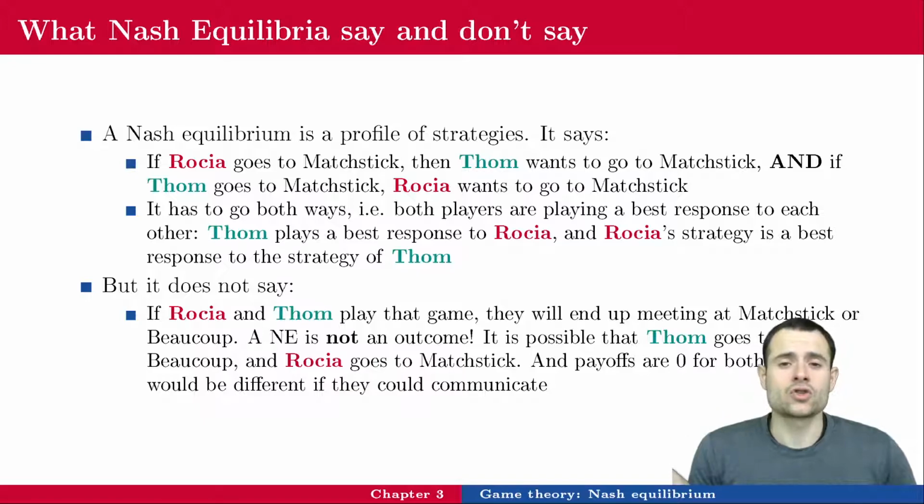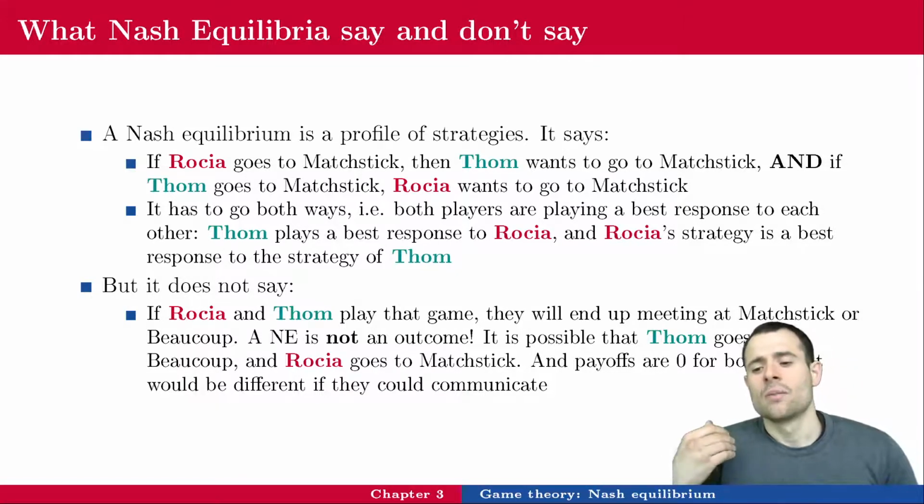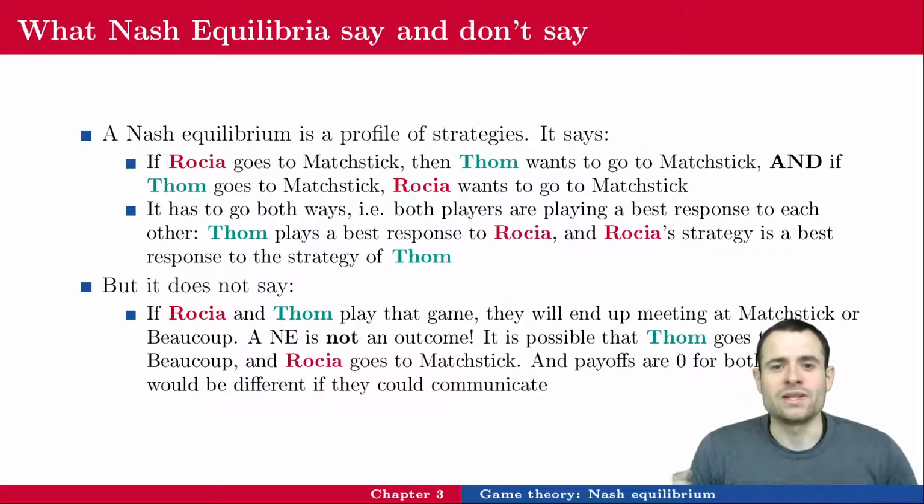Here, no strategy is dominant nor dominated. They each know that as long as they meet, they're going to have a positive payoff. So they can communicate on where to meet. They could even bargain on what place to meet at, because Tom would ideally like to go to boku, but Rosia ideally would like to go to matchstick.